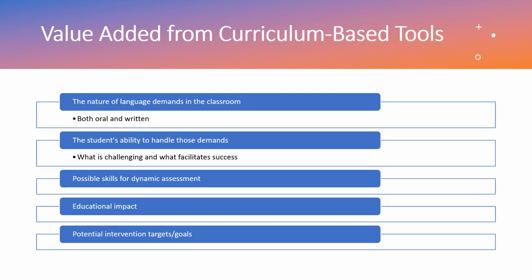And let's say that student were to meet and be identified with a disability, we have some really great information for potential intervention targets and goals with the curriculum-based information as well as the connection to the standards. So you can get a lot of awesome information from digging into the curriculum and using RIDE and ISIL and using those guiding questions from Nelson.